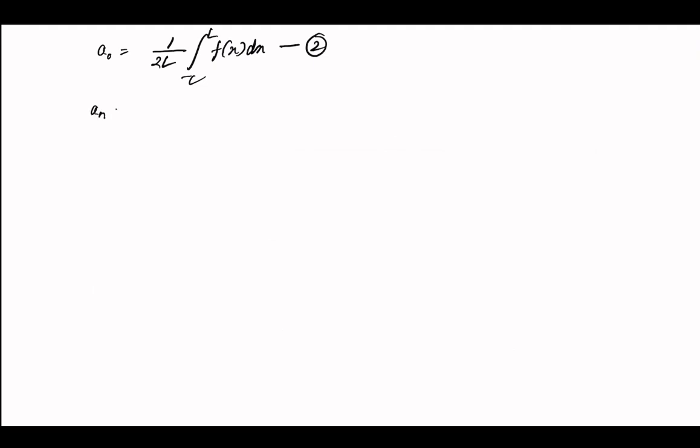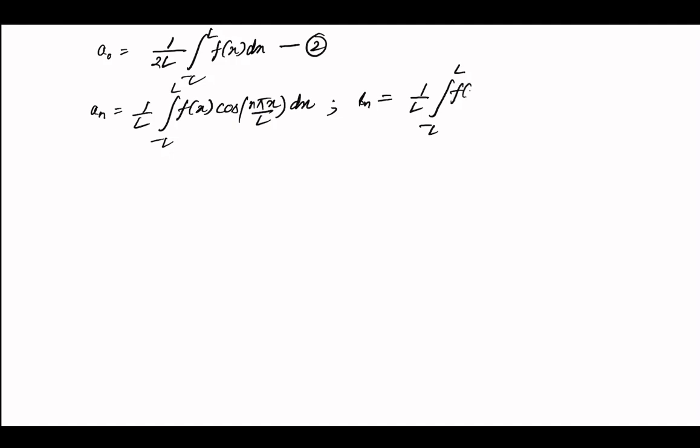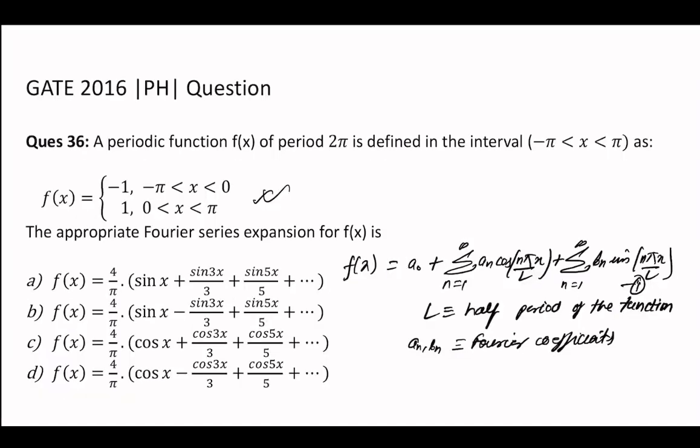Similarly, an is 1 by L integral of f(x) cos of n pi x by L dx, and bn is 1 by L, minus L to L, f(x) sine of n pi x by L dx. So we just have to calculate these three Fourier coefficients and put them into this equation, and then we'll get the Fourier series expansion.